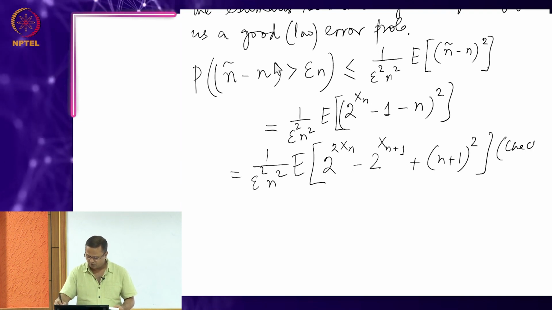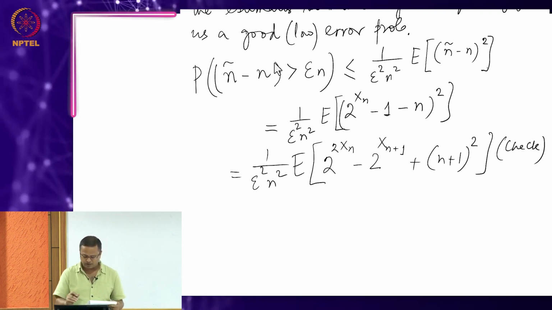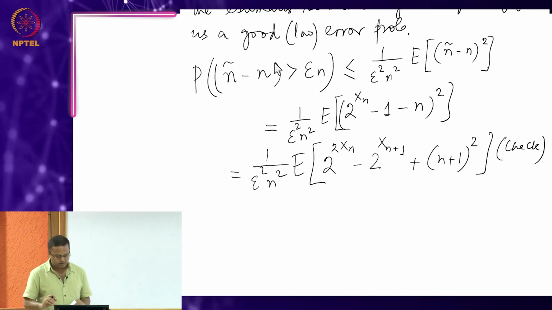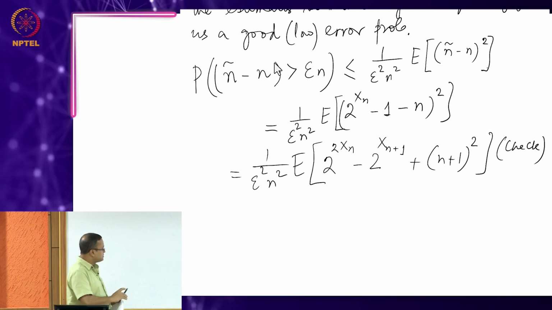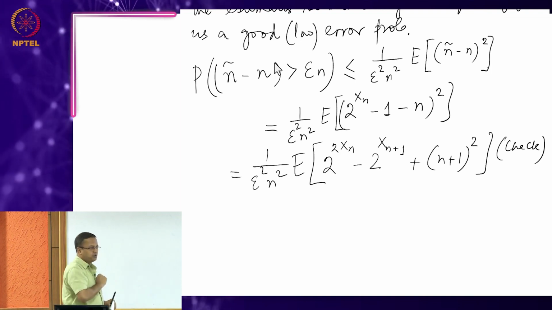Check this, I may be wrong, maybe plus minus 1 here and there, but the main thing to notice is the dominant term is this 2 to the power of 2xn.